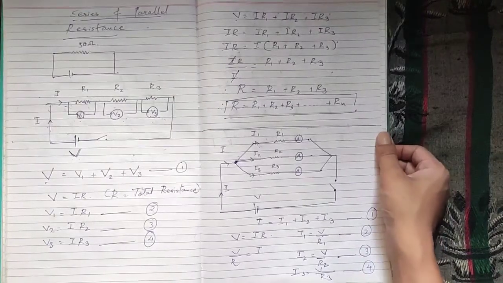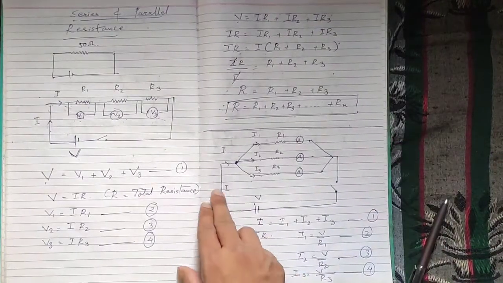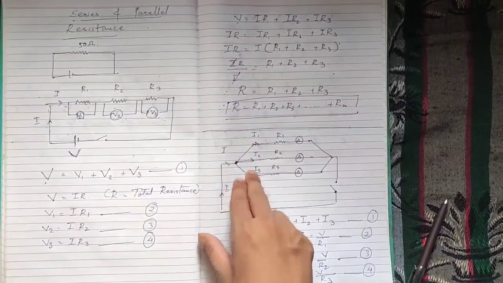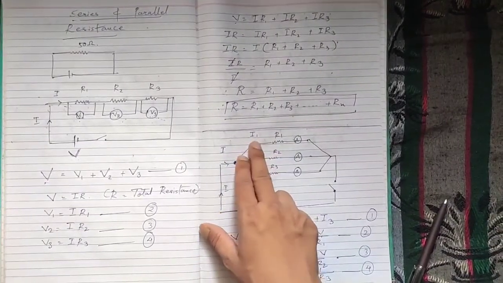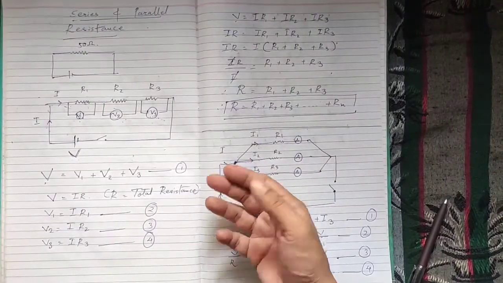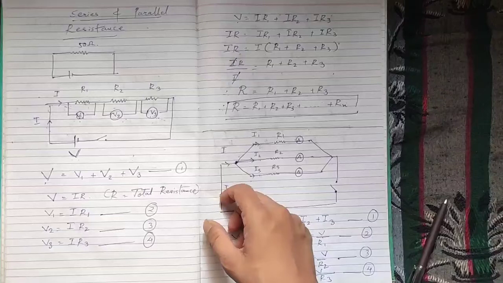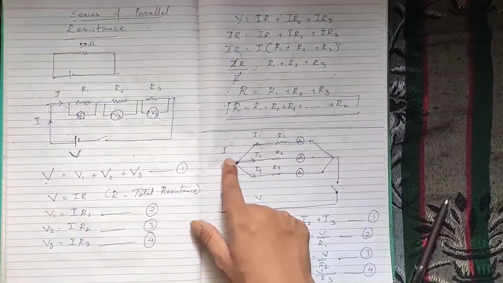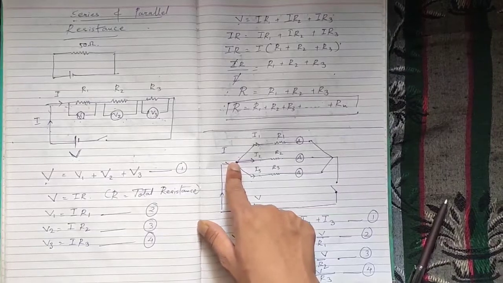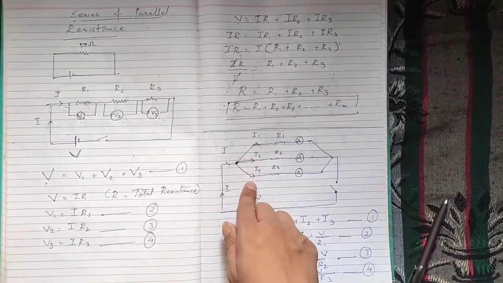So now we understand that when the current comes over here, it is spread out into three different parts. In R1 it becomes I1, in R2 it becomes I2, and in R3 it becomes I3. Imagine it, like I said in the previous video as well, to be a pipeline through which the current flows. The current is flowing from here, but it gets divided into three different parts.